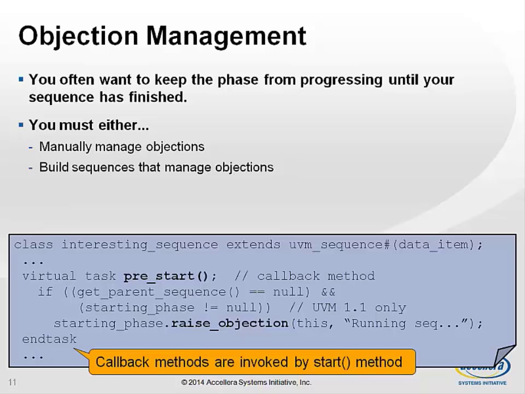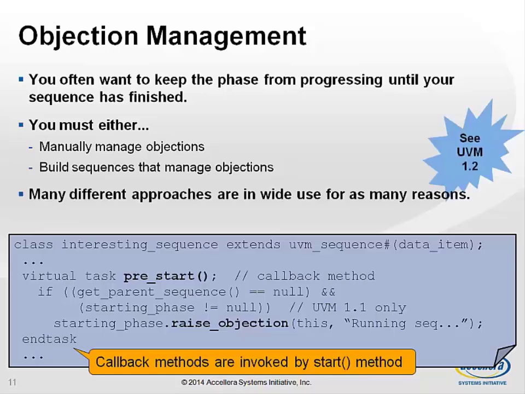Did somebody tell me what phase I start within? And am I the parent sequence? If I'm not a parent sequence, I'm going to assume that my parent is managing objections or somebody else is managing objections. So anyway, there's some fiddling about you have to do if you want your sequences to raise objections. When Uwe talks, he's going to talk about how this code is done differently in UVM.